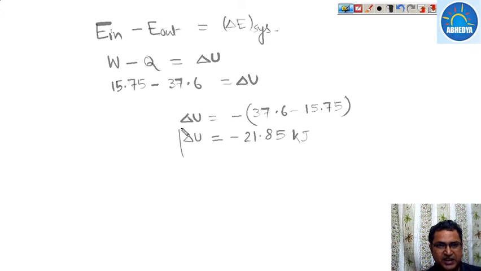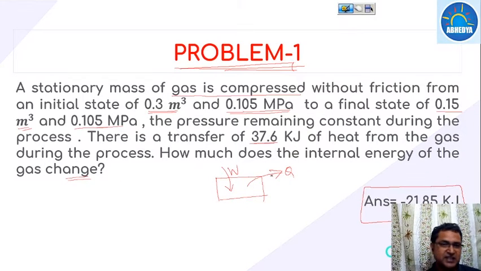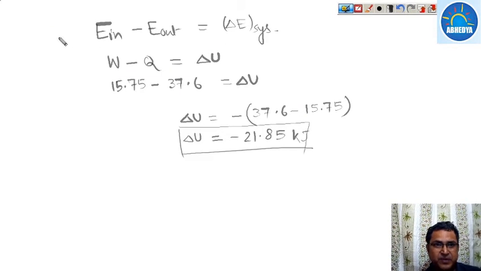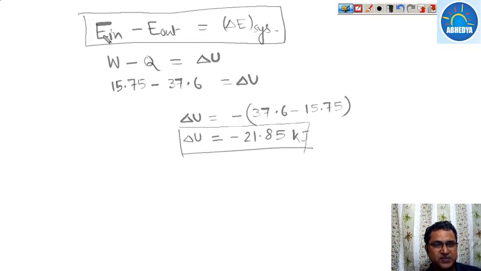So the change in internal energy of the system is minus 21.85 kilojoule. He was asking how much the internal energy of the gas changes. You should always remember to use this formula: the energy transferred in minus the energy transferred out is equal to delta E system. So there is no chance of any mistake.